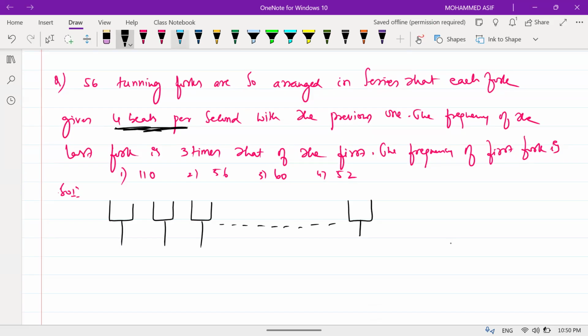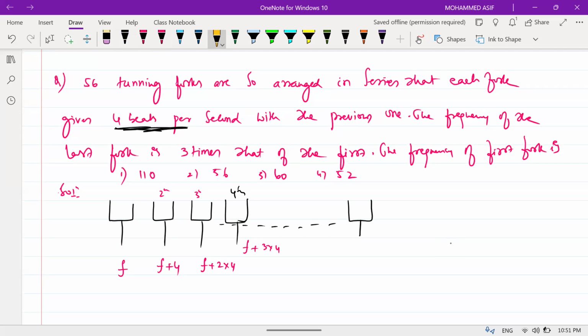Each is giving 4 beats per second. That means if the first one has frequency f, the second one will be f plus 4. The next one will be f plus 2 into 4. So this is the second one, this is the third one. If I take one more tuning fork, the fourth one, its frequency will be f plus 3 into 4.